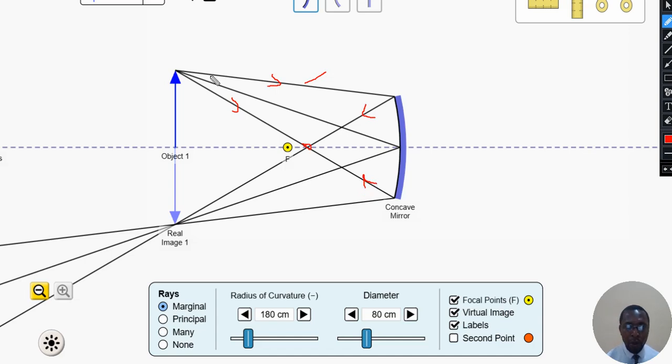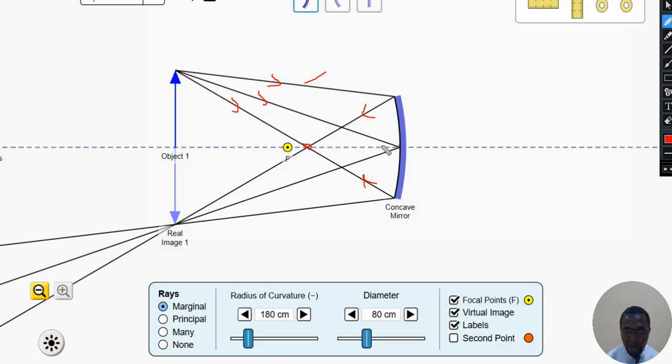Now when it goes through like this, it goes through the object, hits the mirror, and passes through the focal point. All right, and the next one is when the light ray coming from the object strikes the pole, this pole here.